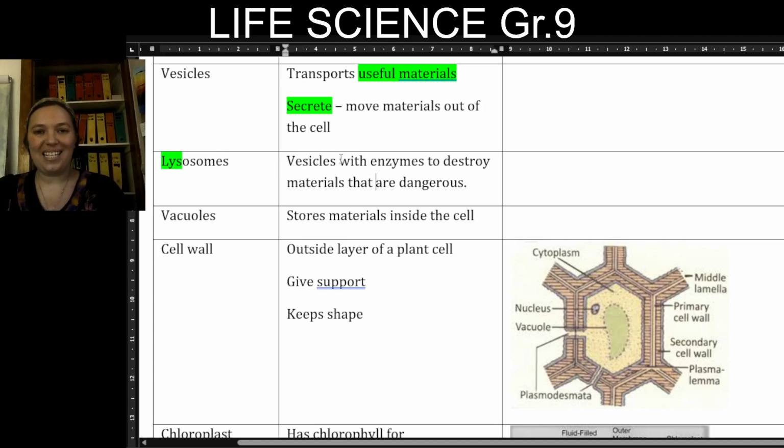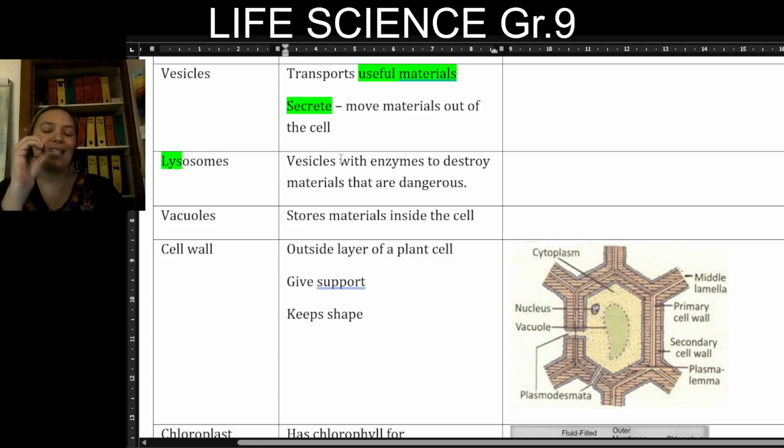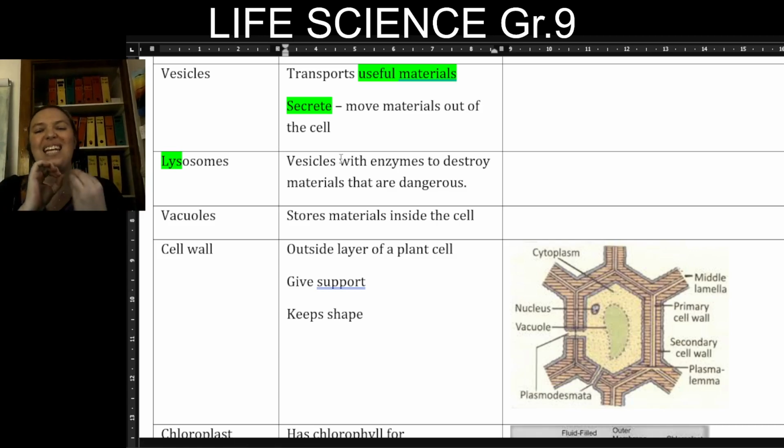It works exactly the same. But inside this lysosome, there are enzymes that destroy dangerous things. So if there's bacteria, then the lysosome goes like Pac-Man, eats the bacteria, and then the enzymes destroy the dangerous material. And then it goes, ugh, now I've got some waste in here.